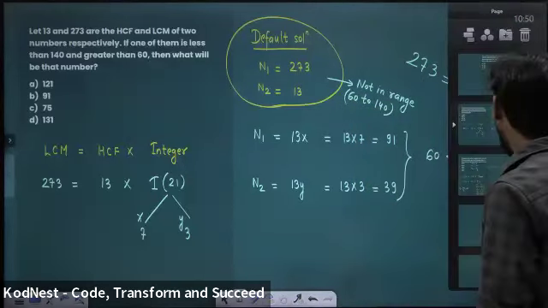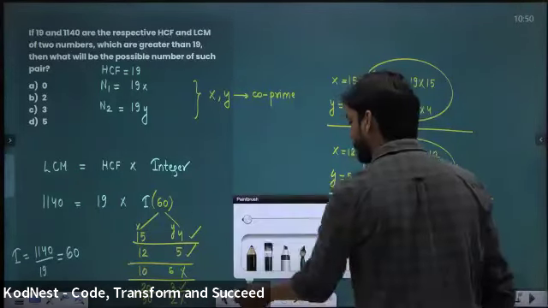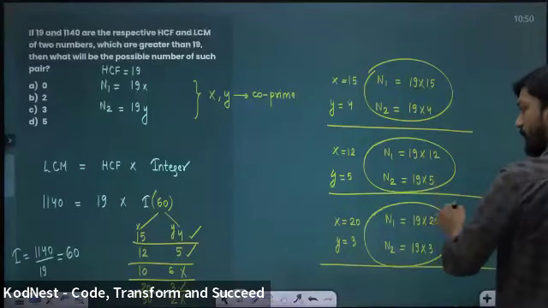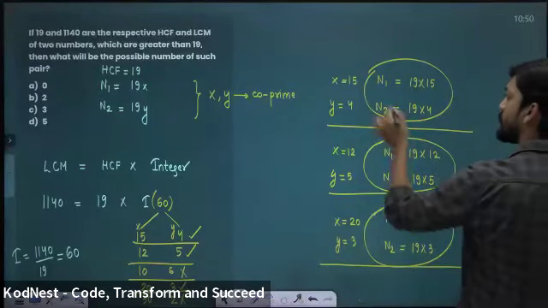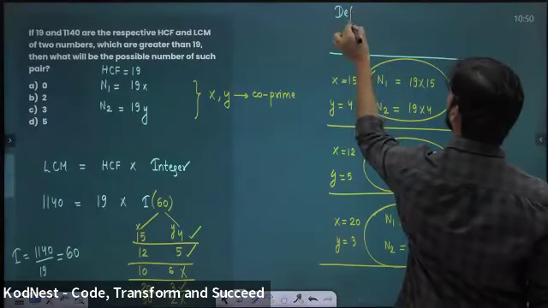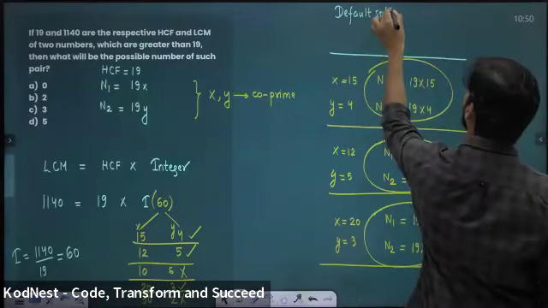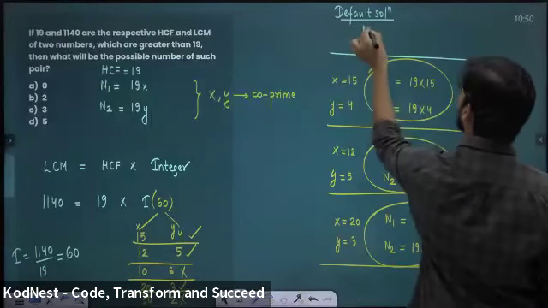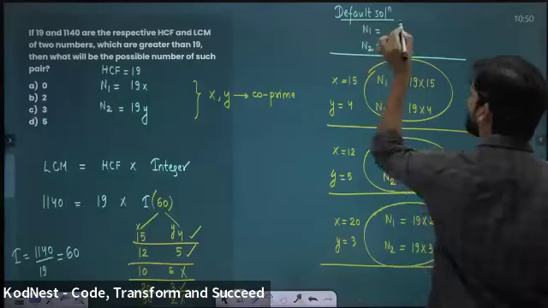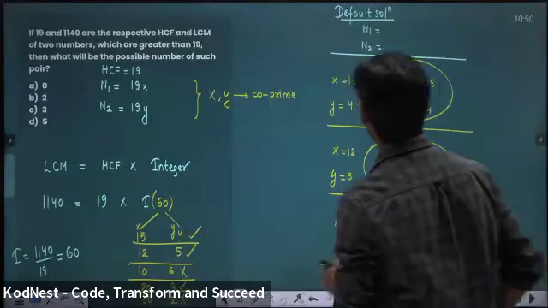Okay. Let's see there. All right. So these are the solutions we have found. I've told you one default solution also. Let me write the default solution. It will always be there. So N1, N2. HCF is 19, LCM is 1140.